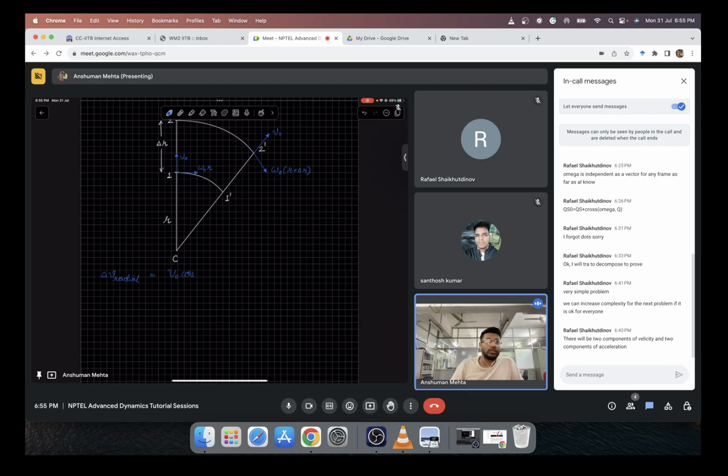How we define the angles. So we have V naught here in this direction. We have to draw the other set of angles.